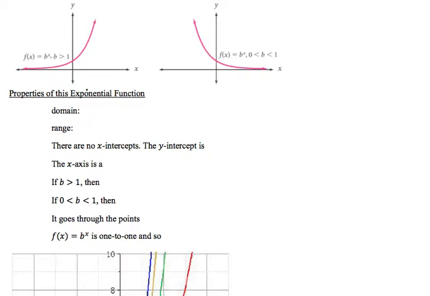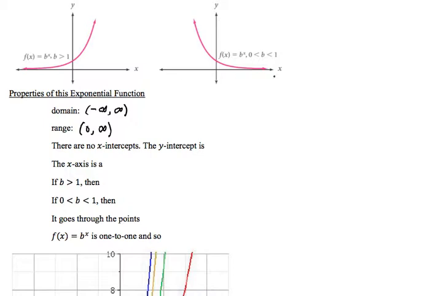Okay, some properties of this. You can plug in any x into an exponent. There's no problem with that. So the domain is from -infinity to infinity. The range, well, no matter what x you plug in, you're never going to get a negative value. b to any number is always positive, always greater than 0, in fact. So the range is from 0 to infinity.